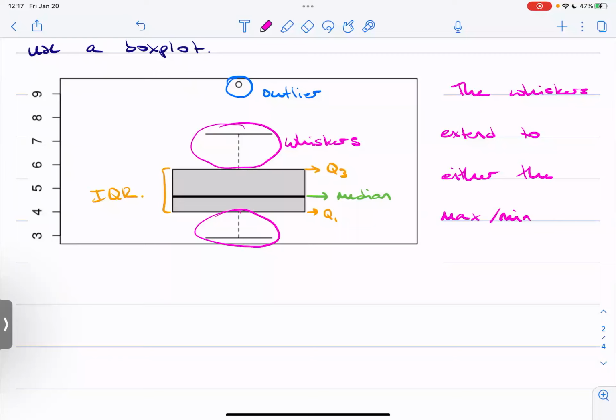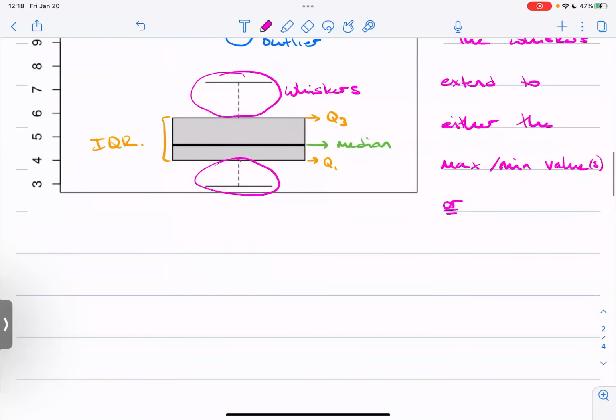And so that's what I mean by it either extends to the maximum or the minimum values, or the most extreme data point within some upper and lower bounds that we're going to find.